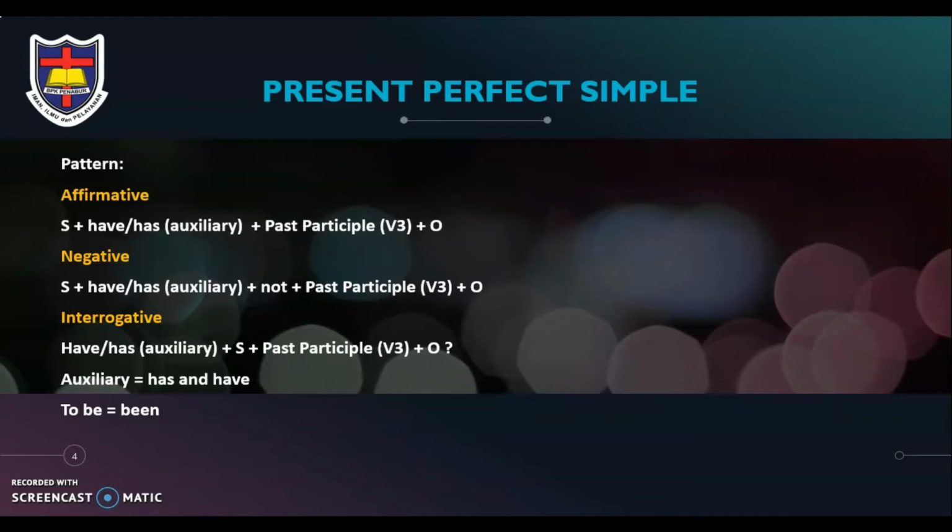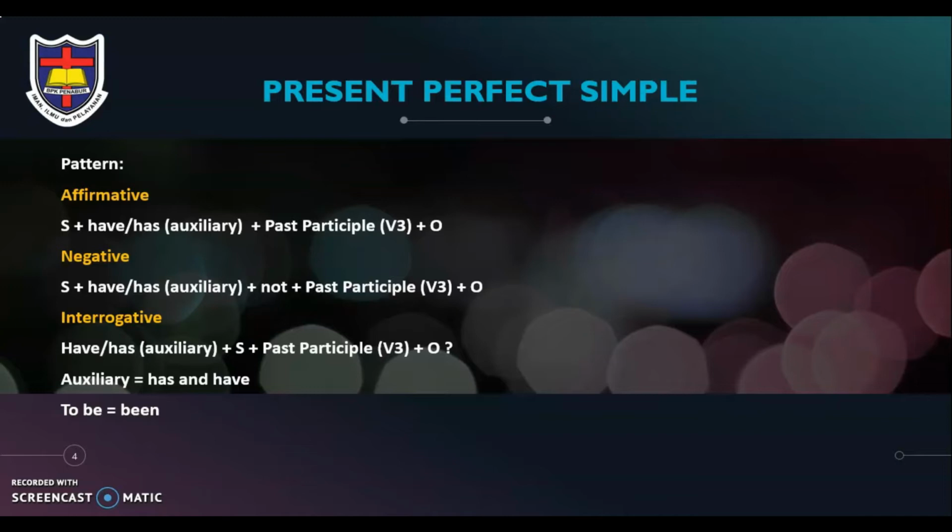Affirmative, we start with subject, have or has as the auxiliary, past participle or verb 3, and then object. For negative, we add not after the auxiliary, and for interrogative, we put have or has as the auxiliary at the start of the sentence. Remember, whenever we make a sentence, we have to be careful with two types: verbal and non-verbal.